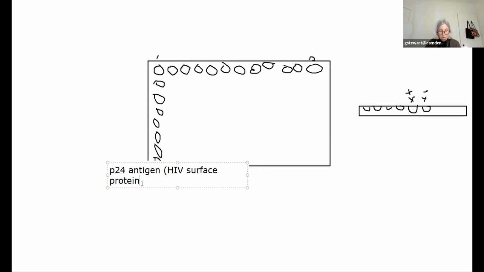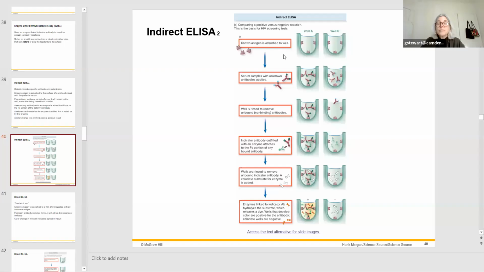If you're not infected, if you have hepatitis and you don't have HIV, then you're not going to have antibodies that bind to this first protein. So this is an indirect test because this would be the P24 antigen, the known antigen that's absorbed to the well.